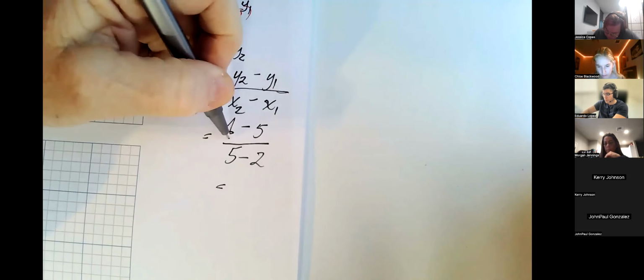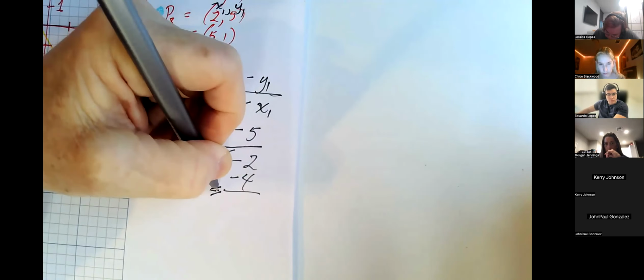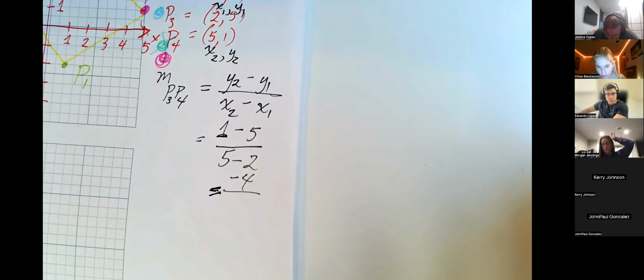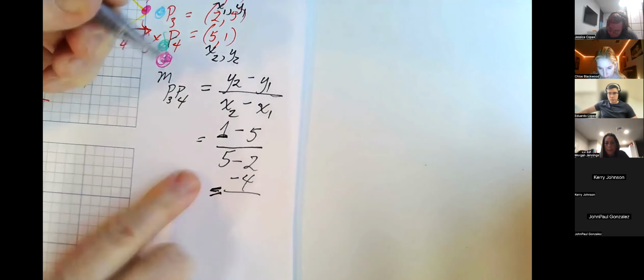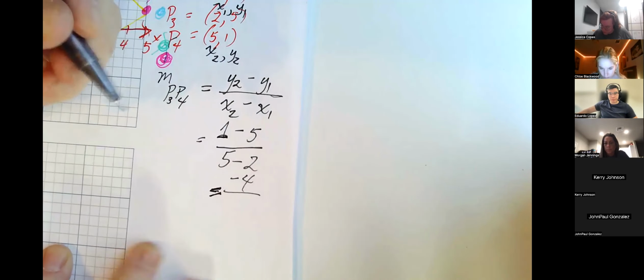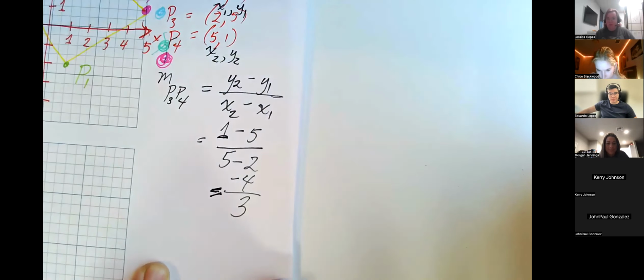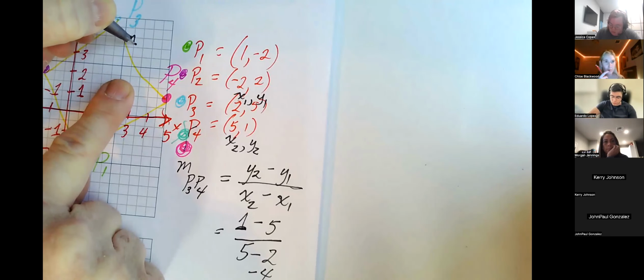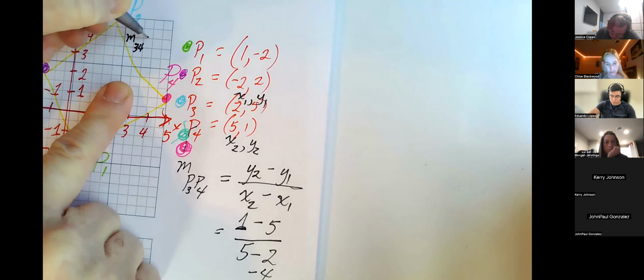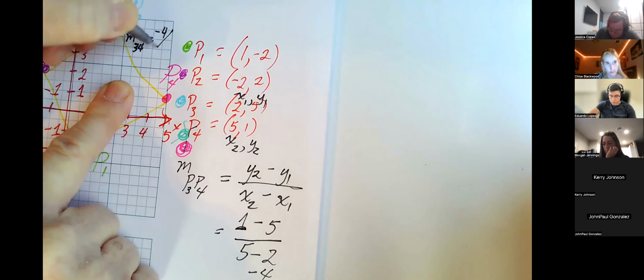What is 1 minus 5? -4. Good. Why is that -4 not +4? Because 1 is less than 5. That's right. 5 is the larger number and 5 is negative. Good. Okay, and 5 minus 2. 3. Good. So let's record right here that the slope between P3 and P4 equals -4/3.